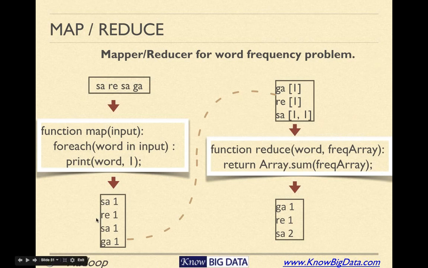After this key value has been generated, Hadoop has sorted it, and then it has passed each key value through our reduce function, and our reduce function has summed up all the values for each key.